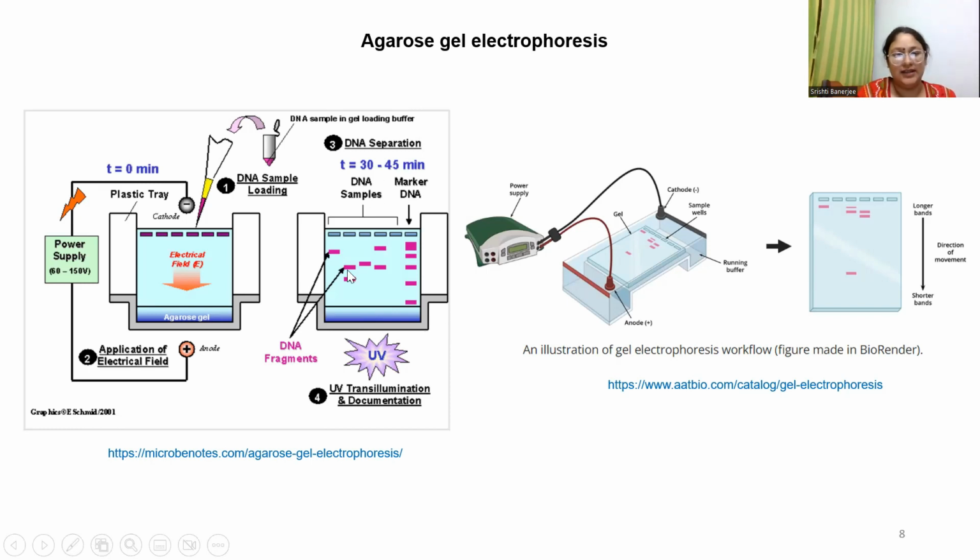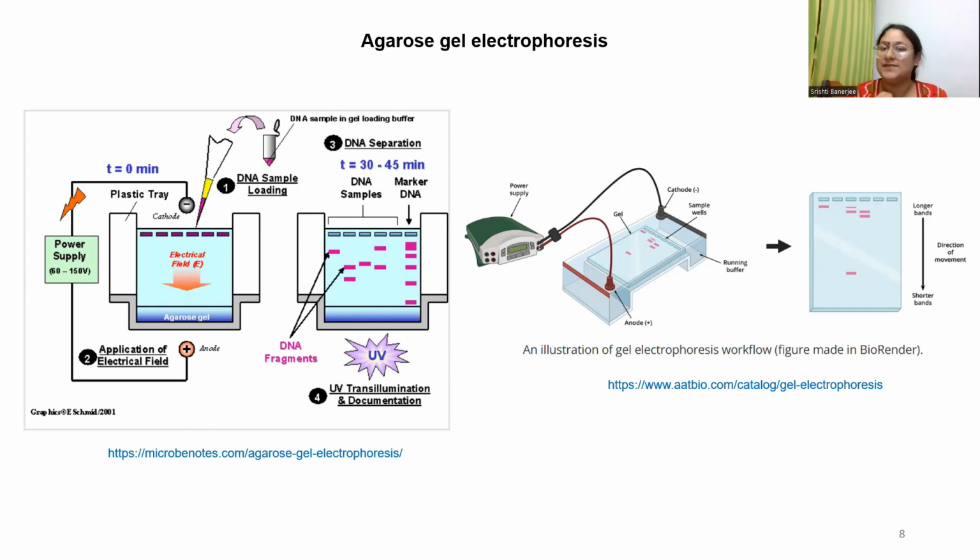As the dye moves, the DNA is also moving with it because you had added the dye to the sample. But that doesn't signify that it is the position of the DNA. No, it just shows how the samples are running. That is how we get to know that my run is over.